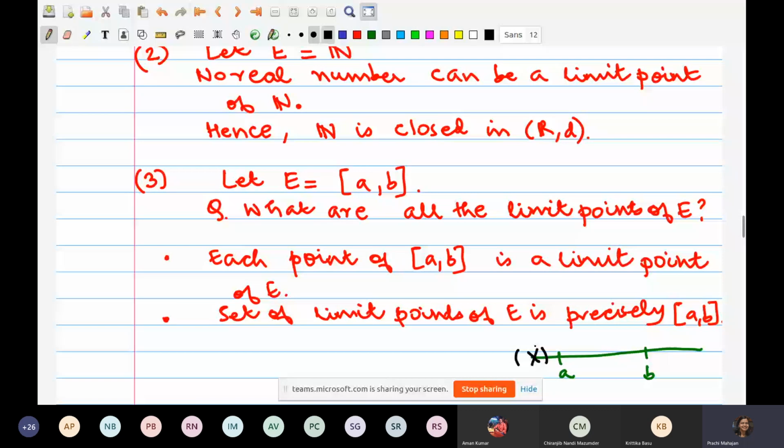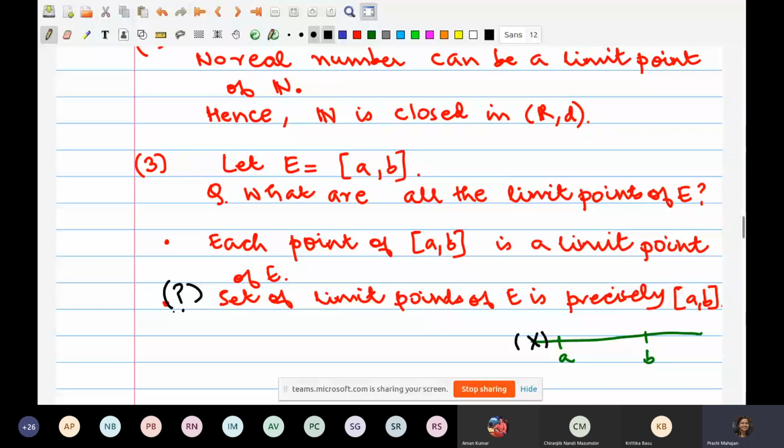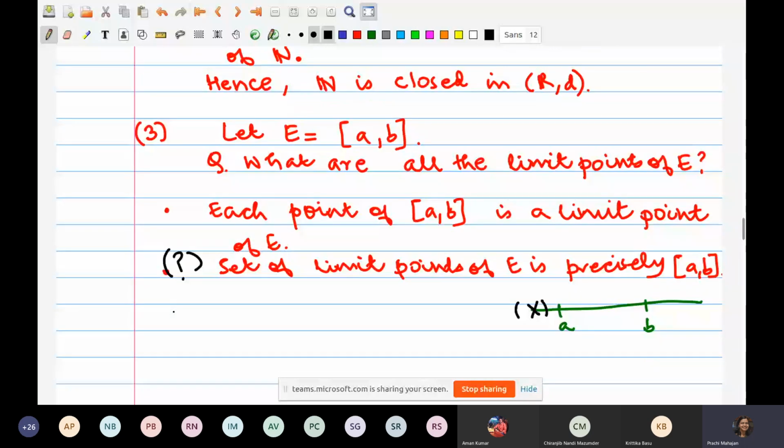Please check. So does everybody present here follow this, that no other real number besides the interval AB is a limit point of the set E here?